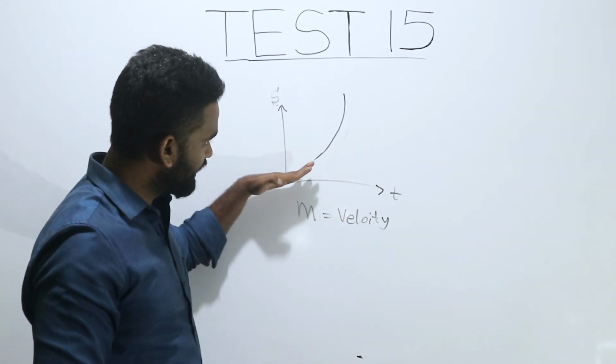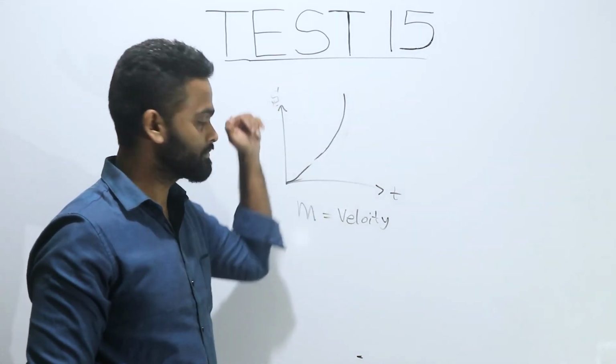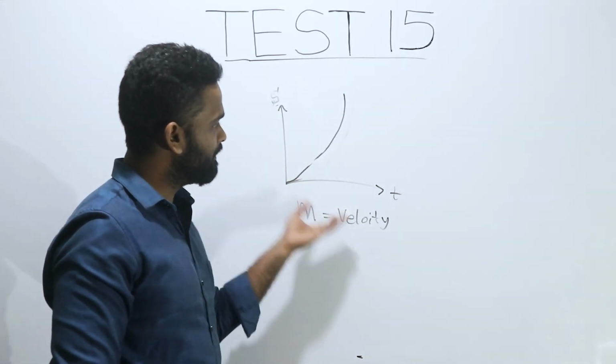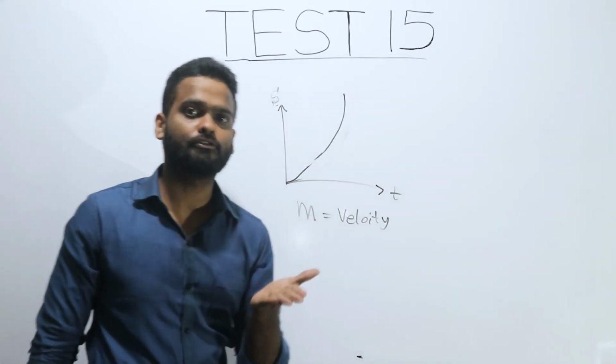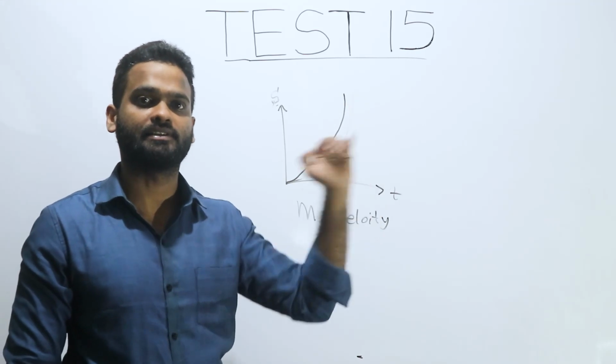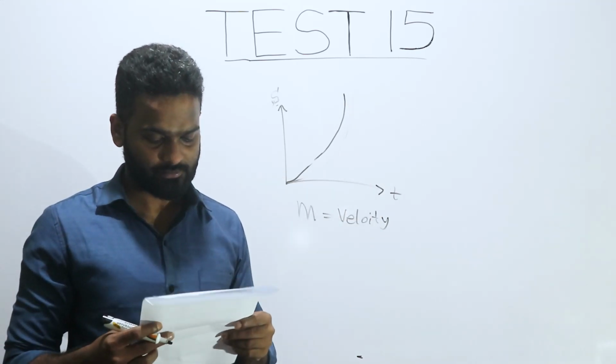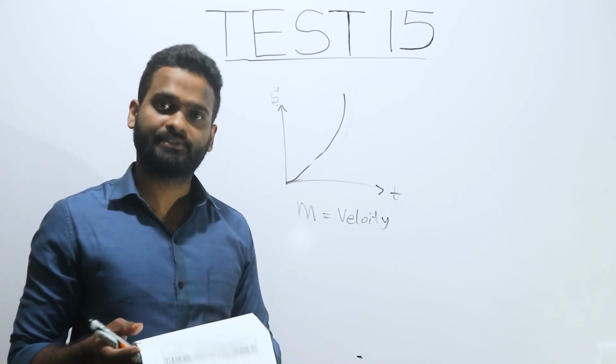As you can see, the gradient is increasing, meaning the velocity is increasing. So it should be an acceleration. If the velocity is increasing, it should be an acceleration. So the second one also is correct.